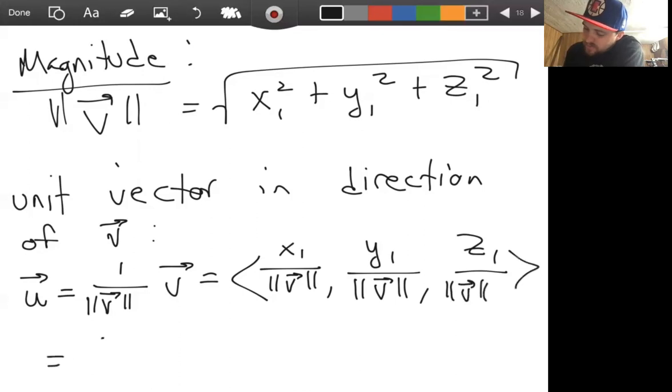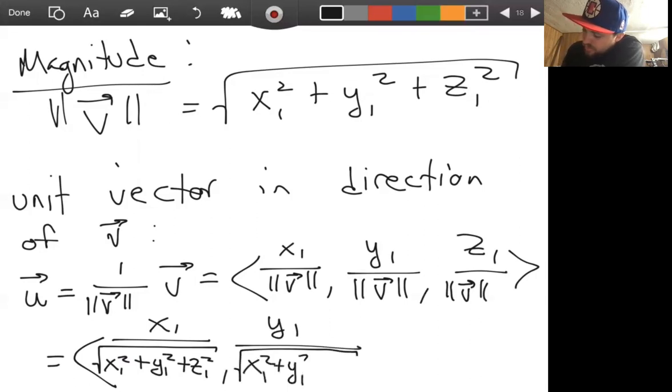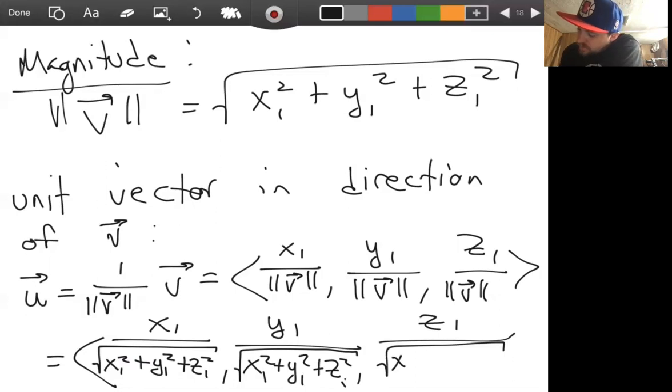And if you'd like to express this even more lengthy, purely in terms of components, it's x1 over the square root of x1 squared plus y1 squared plus z1 squared, y1 over the square root of x1 squared plus y1 squared plus z1 squared, and z1 all over the square root of x1 squared plus y1 squared plus z1 squared.